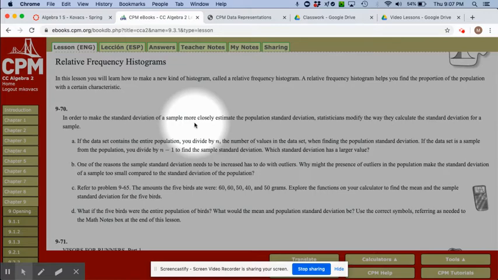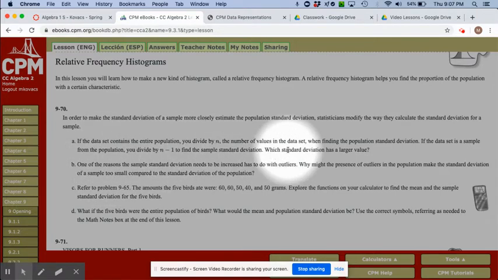If the data set contains the entire population, what we learned was that when calculating standard deviation, you divide by n, the number of values in the data set. If the data set is a sample from the population, though, you divide by n minus 1.